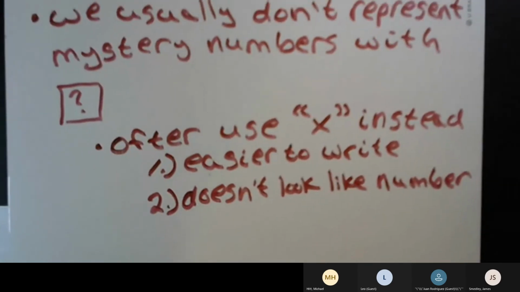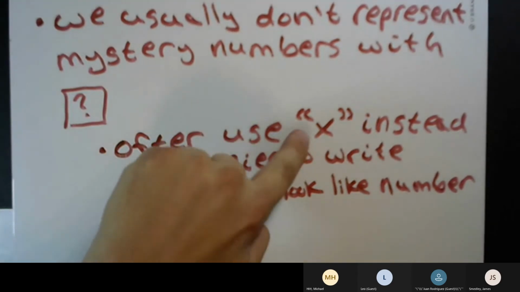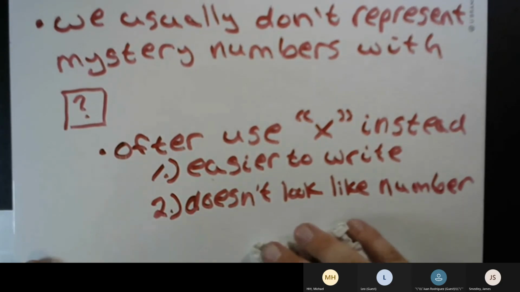Adjust that little camera there. So that's what X is. It's just a mystery number. It's a number we use to represent a number we don't know.